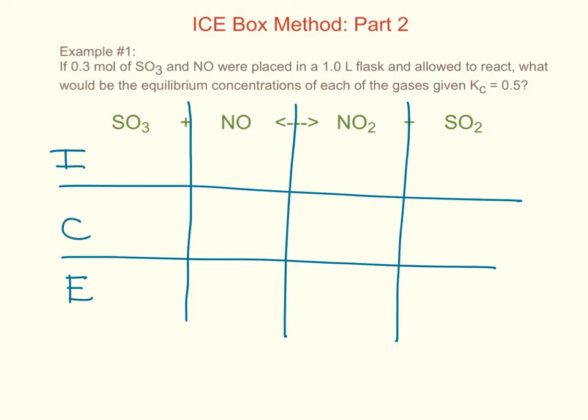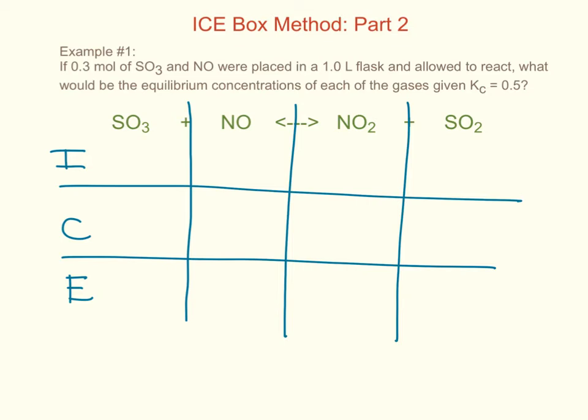Next, I'm going to fill in my icebox with everything that I know and everything that I've been given. So I've been given the amount of moles and the volume for each of my reactants. But because my KEQ is always in terms of concentration, I need to convert that into molarity.